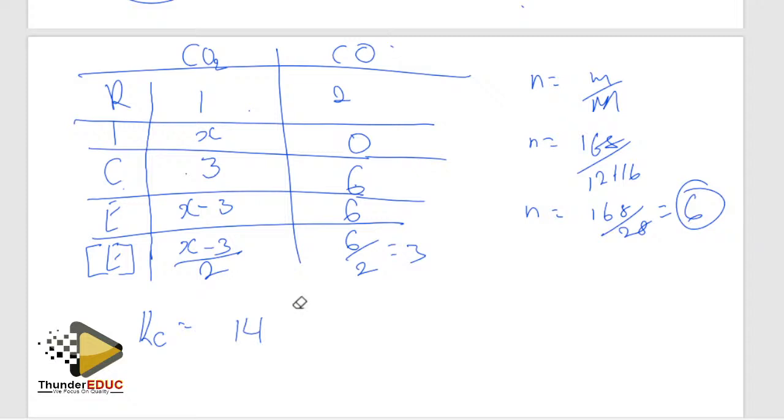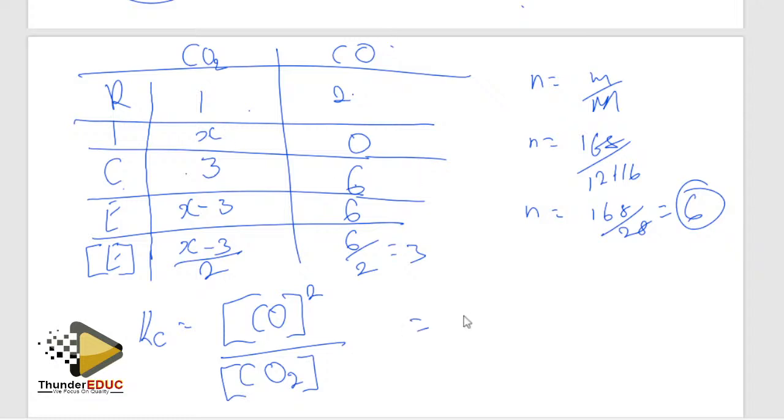Let me first use the expression and then I substitute. So it's gonna be Kc is equal to the product, which is carbon monoxide to the exponent of the number of moles, which is 2, divided by carbon dioxide to the exponent of the number of moles, which is 1. Therefore Kc is 14, which is equal to 3 squared divided by X minus 3 over 2.